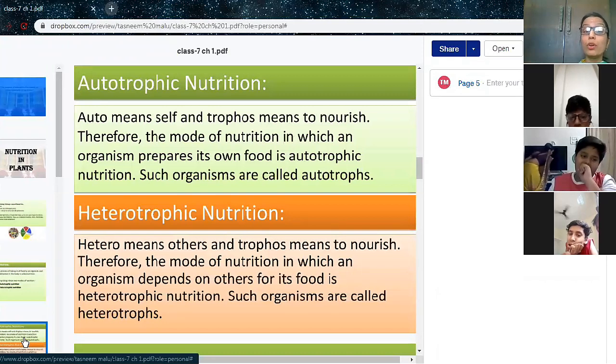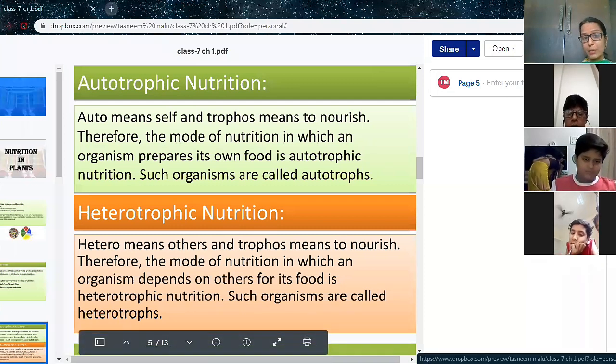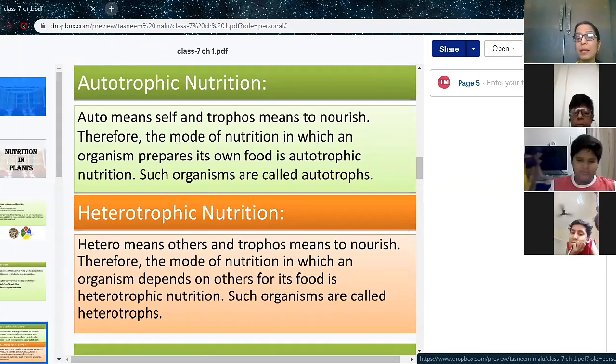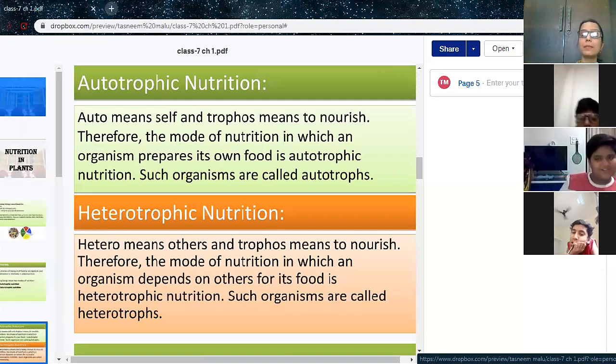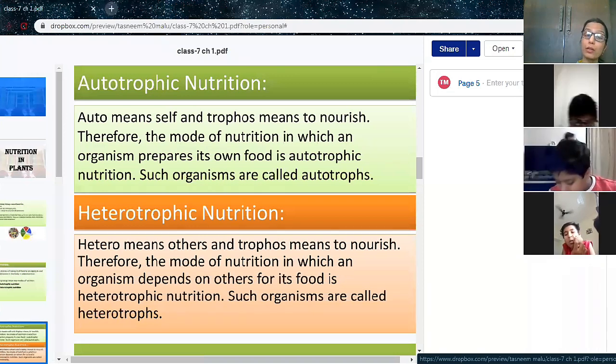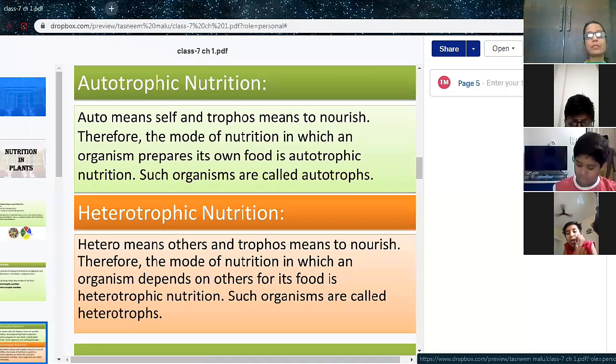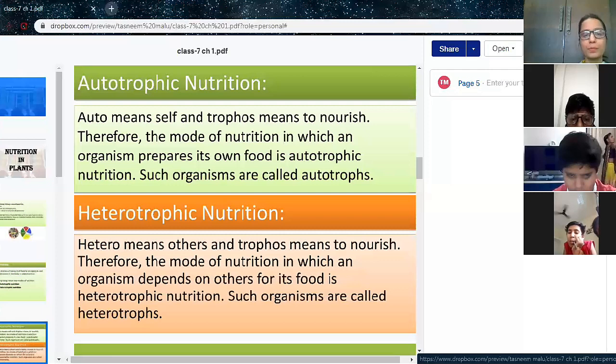Therefore, the mode of nutrition in which an organism prepares its own food is autotrophic nutrition. The organisms that show this mode of nutrition are called autotrophs. Examples of autotrophs are green plants. Only green plants are capable of preparing their own food. We'll find out how.